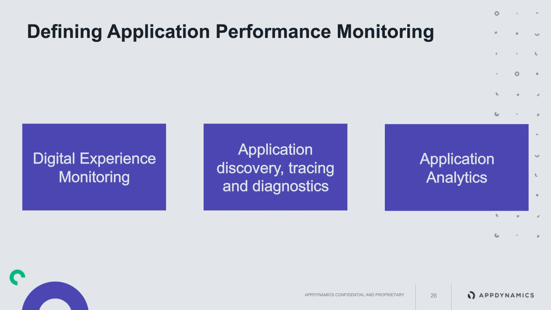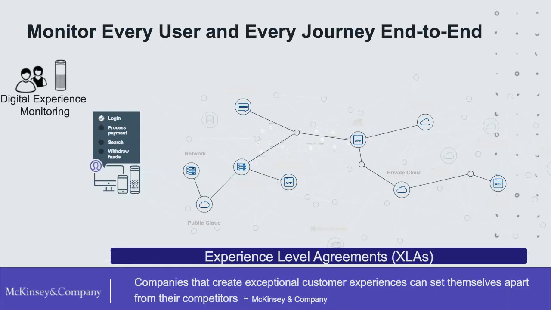So firstly, from a digital experience monitoring perspective, what we do at AppDynamics is unique on the market. Because we monitor every single interaction and transaction which is initiated from either an end user or from a machine in an IoT-based service.